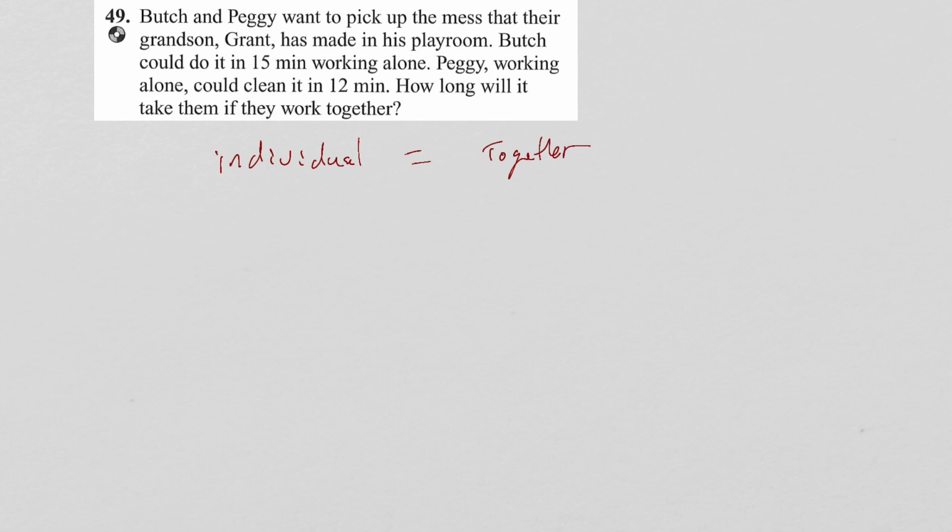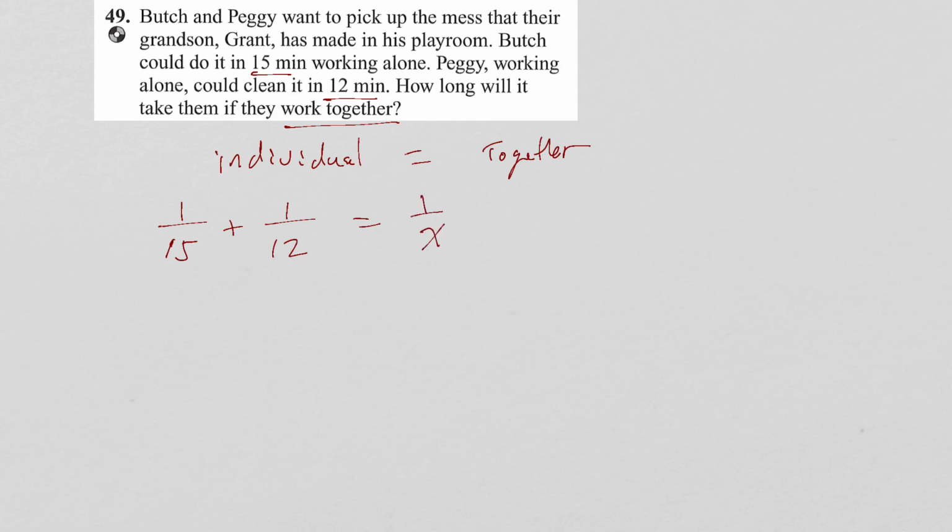All right, so on the individual side, Butch can do it in 15 minutes, so his work rate is 1 over 15. Peggy could do it in 12 minutes, so her work rate is 1 over 12. Together, how long? We don't know, so we'll put 1 over how long is x.